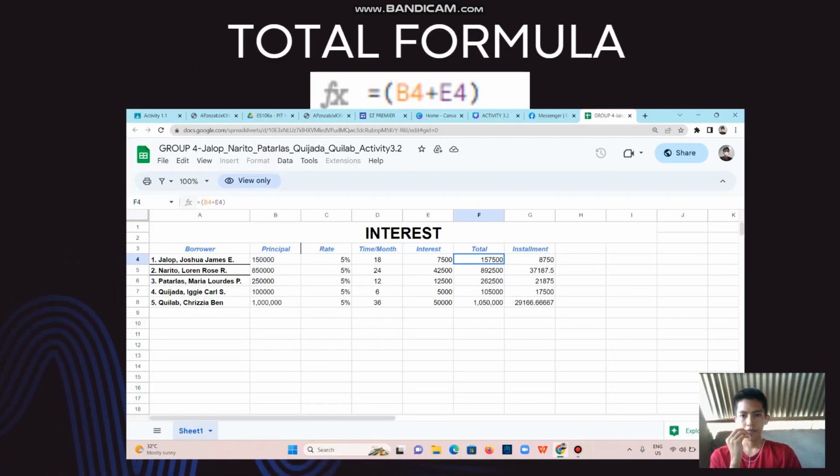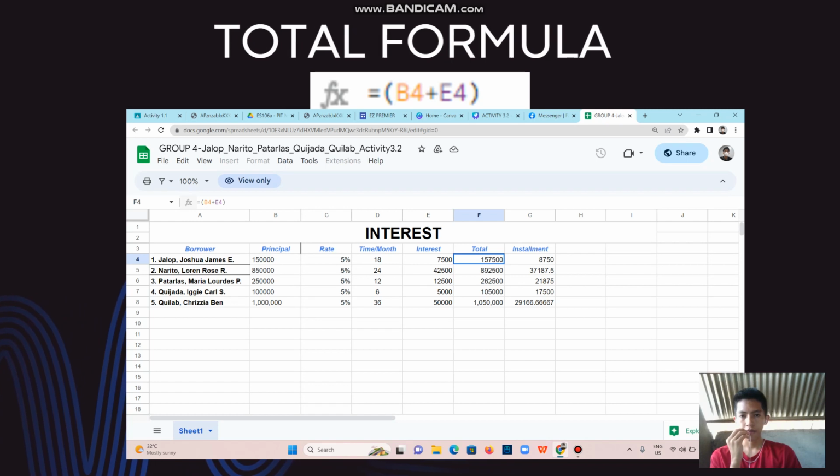So next, for the total, we input the formula B4 plus E4 in the formula bar, and it will be principal plus the interest. For Halop, he got a total of 157,500. Narito got a total of 892,500.